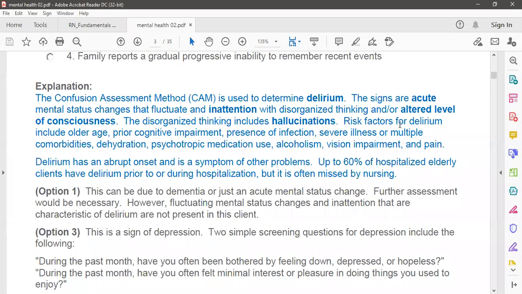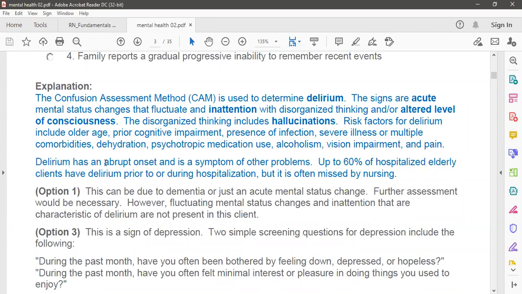The risk factors for delirium include older age, prior cognitive impairment, meaning mental impairment, presence of infection, severe illness, multiple comorbidities, dehydration, psychotropic medication use, alcoholism, vision impairment, and pain.